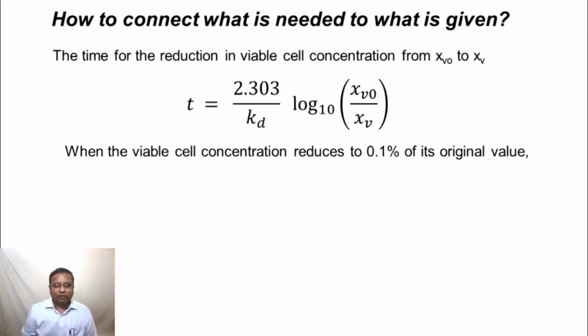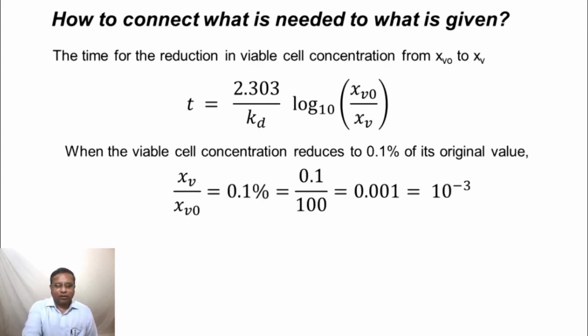We know that xv by xv naught is 0.1%. If we convert it into a fraction, this will be 0.1 by 100. Percentage is always out of 100, so when we need the fraction, we divide by 100. This is 0.001 or 10 power minus 3.